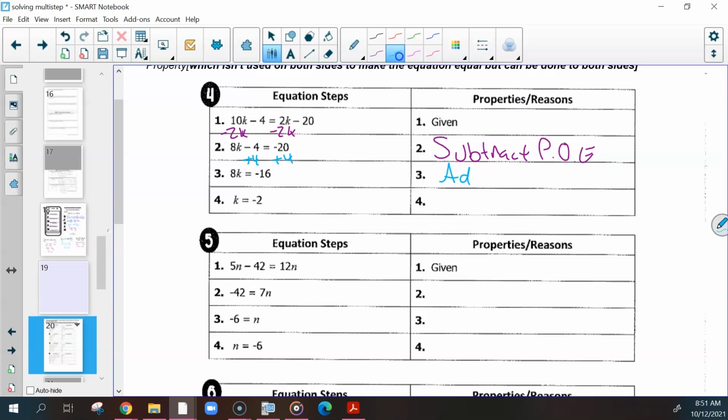So that would be your addition property of equality. And then from step 3 to step 4, division. They divided both sides by 8. Questions on number 4?